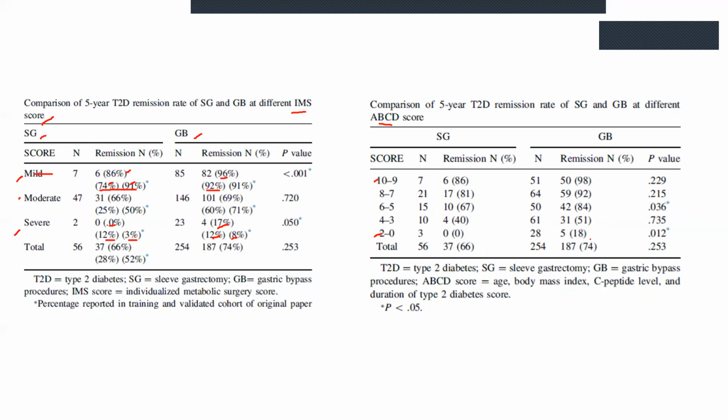However, in the gastric bypass, the remission was 98%, almost close to 100, in case of the highest scores of 10 to 9, and in case of the lower scores of 0 to 2, it was 18%. So finally, they concluded that the ABCD score was a bit better at predicting the remission.